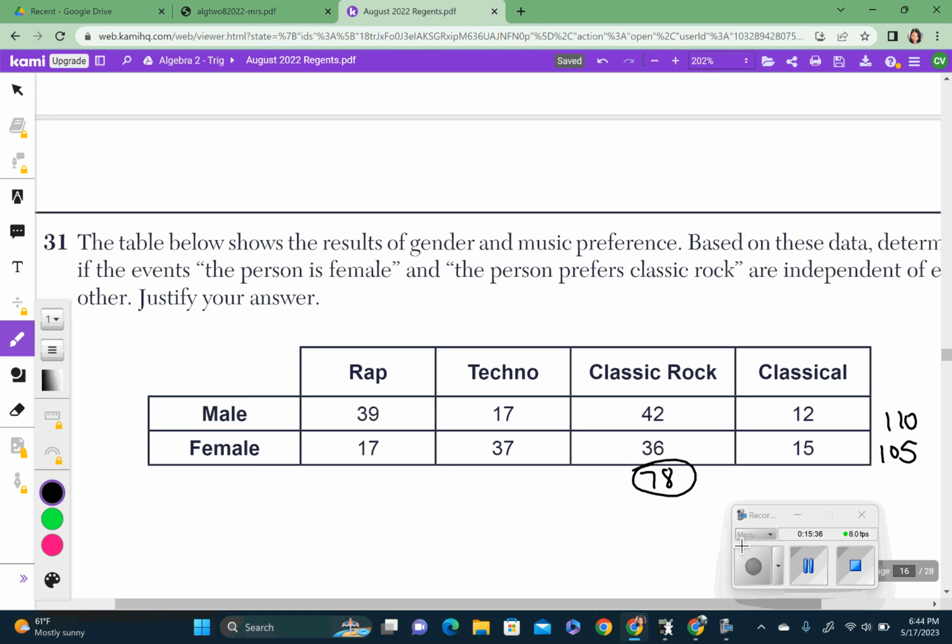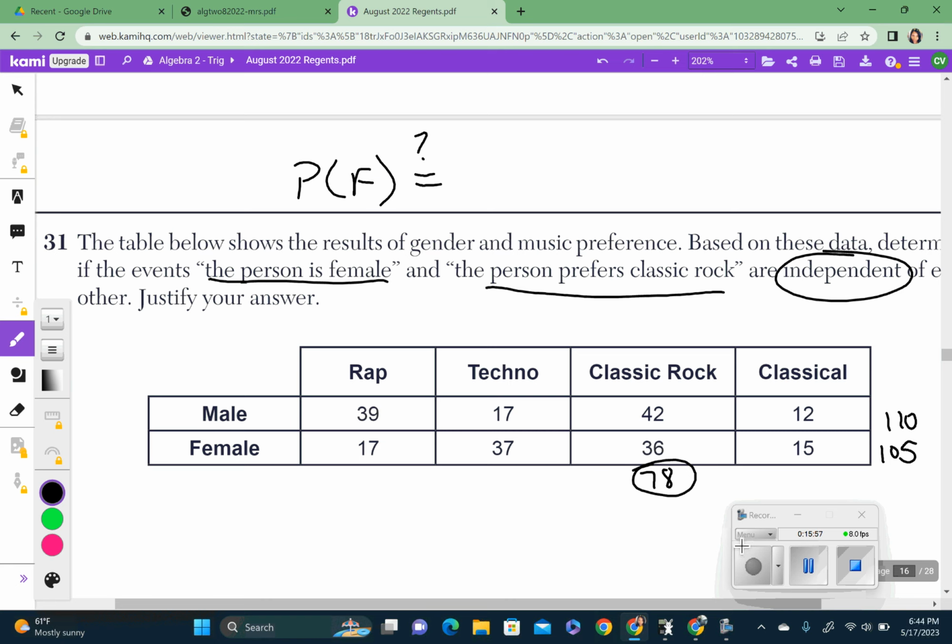Okay, so it says determine if the person is female and the person prefers classic rock are independent of each other. So think about when you're independent: no matter what happens, it doesn't affect you. What we want to see is whether the probability of female is equal to the probability of a female given classic rock.